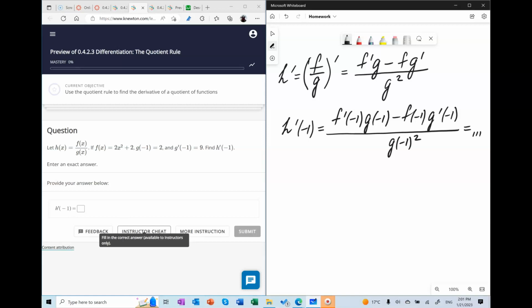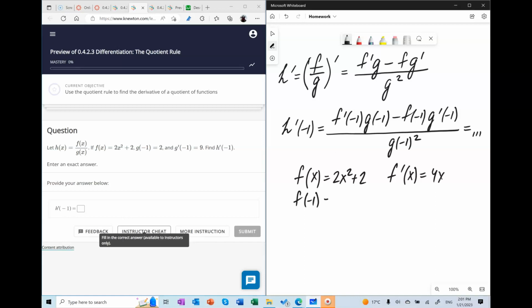And in order for us to be able to compute this expression, we have to know f of -1. So what's f? f is 2x squared plus 2. So the derivative of f is 4x.